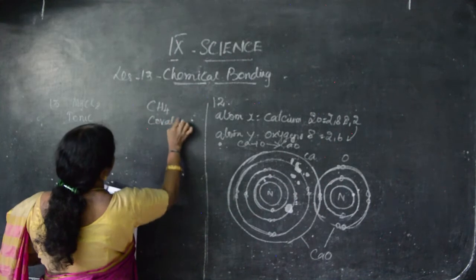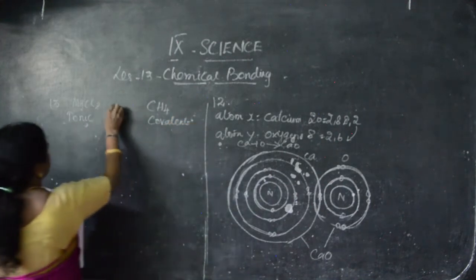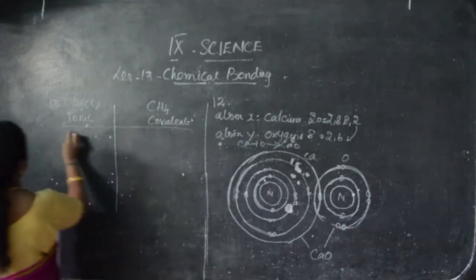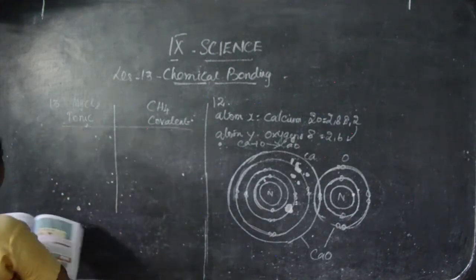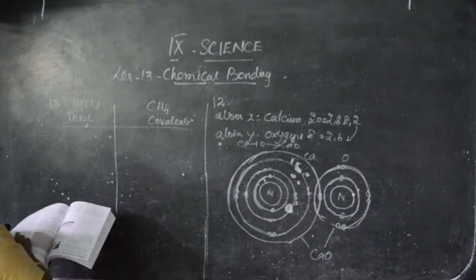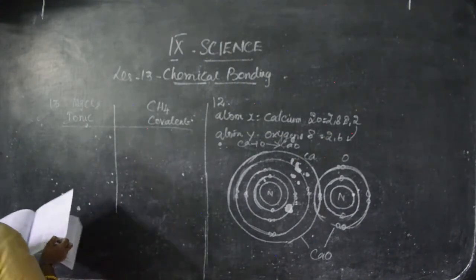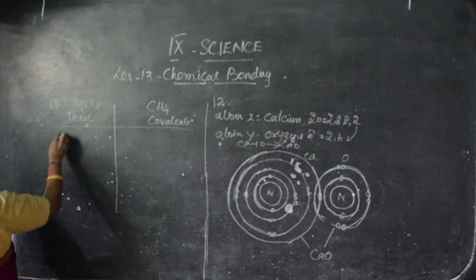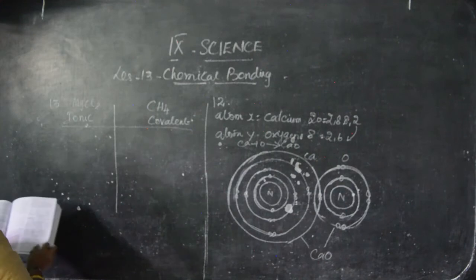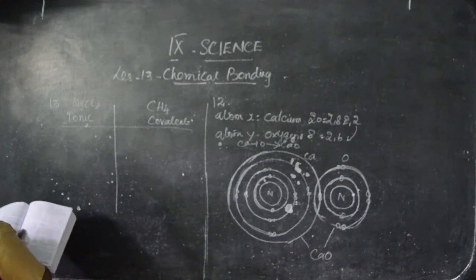They are asking only difference, that's all. They are twisting the question to see whether you are able to follow or not. What are the differences between ionic compounds and covalent compounds? So first we say ionic compounds, I'll write first, afterwards we'll go for the covalent compounds.